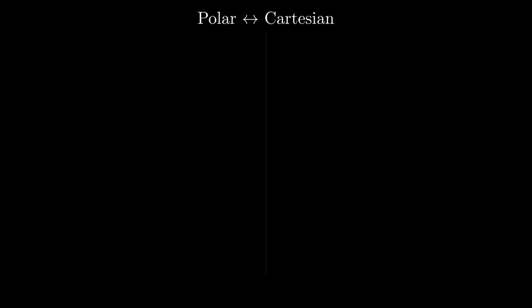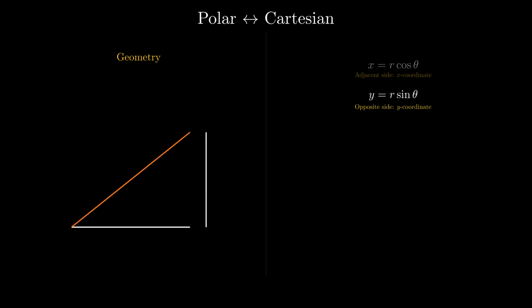Polar and Cartesian coordinates convert directly. Given r and theta, the Cartesian coordinates are x equals r cosine theta and y equals r sine theta. The geometry is a right triangle. r is the hypotenuse. Theta is the angle measured from the x-axis, so the adjacent side gives x and the opposite side gives y.